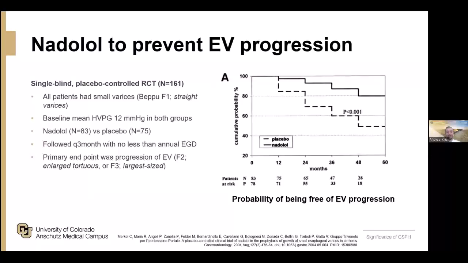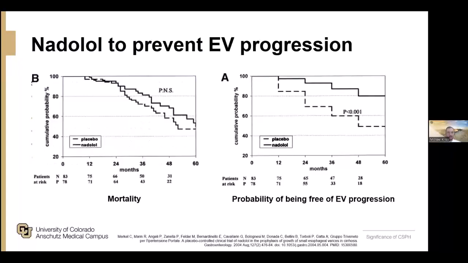So they're actually showing you here the probability of being free of EV progression. So higher means less progression. So nadolol does reduce that rate. In the study, they did not show any mortality benefit, interestingly. And so I think that's perhaps why this didn't really catch on, along with the fact that it had a counterpart study that refuted this.